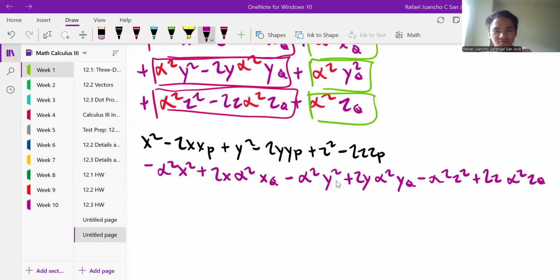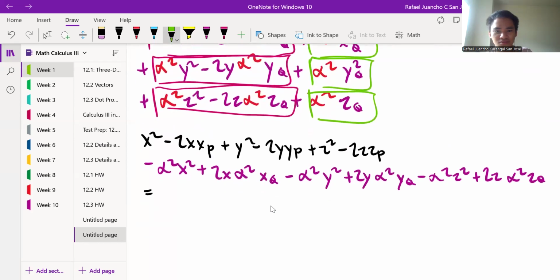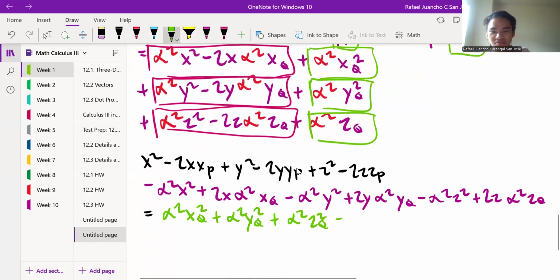And now we want to equate that to all of our constants here. So we basically have alpha squared xq squared plus alpha squared yq squared plus alpha squared zq squared minus xp squared, yp squared, zp squared.